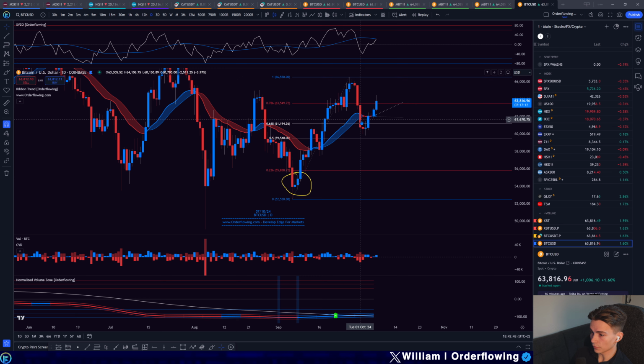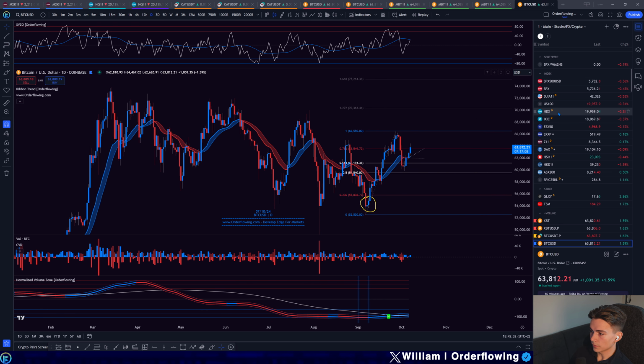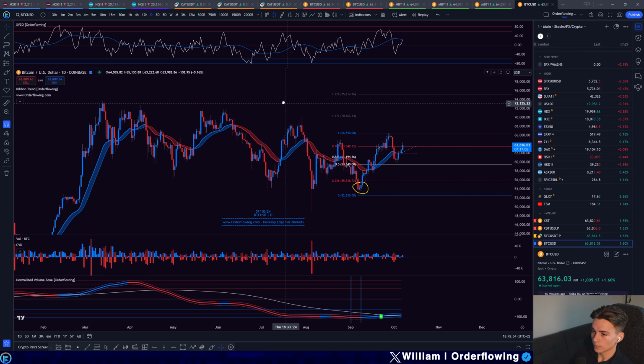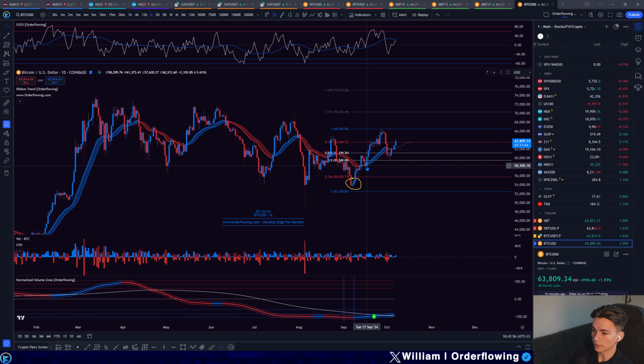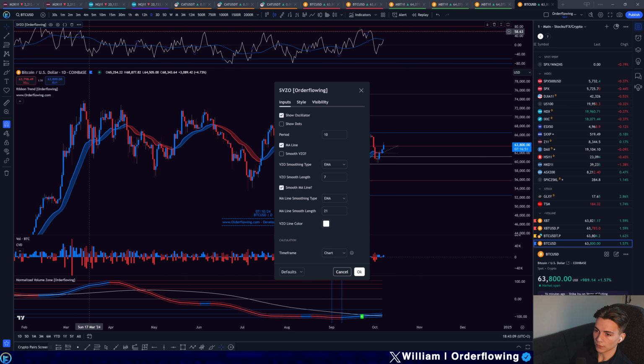Of course we had a little retracement here, but I think this is quite a good indication that this market could trend higher in the longer term. So Bitcoin is looking alright for the short to medium term, based on the weekly analysis on the normalized volume zone.